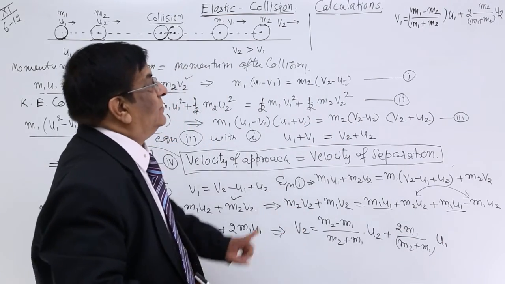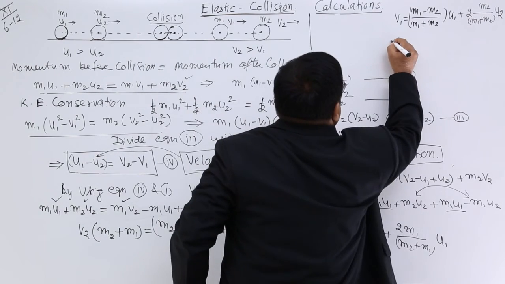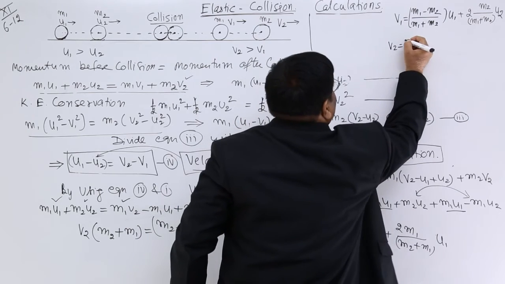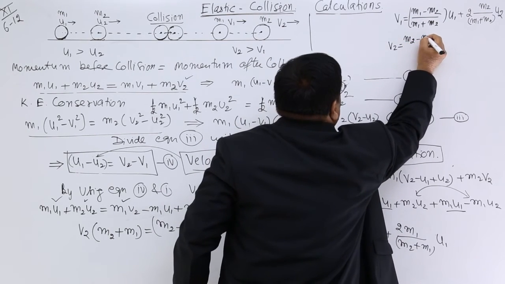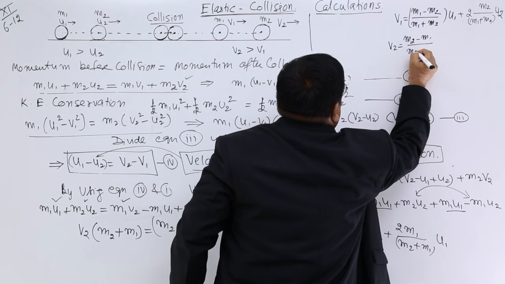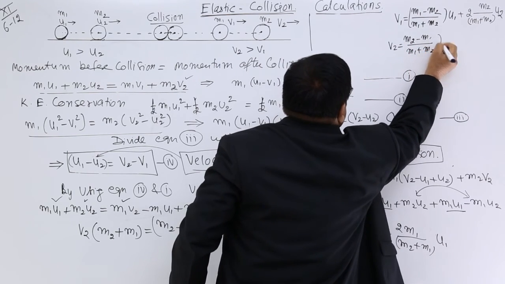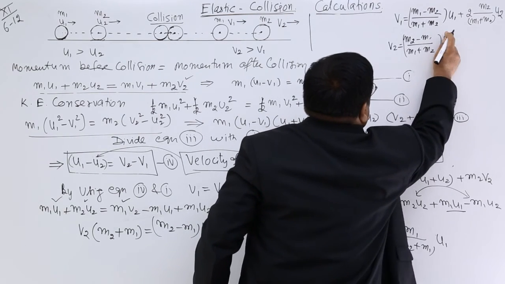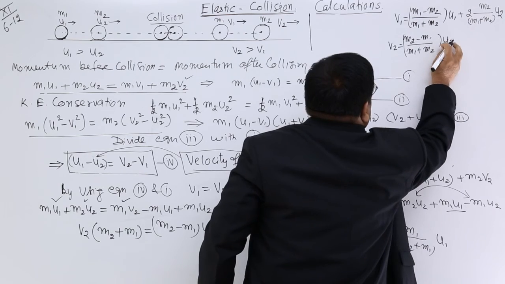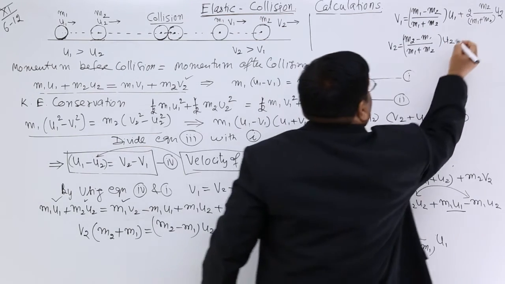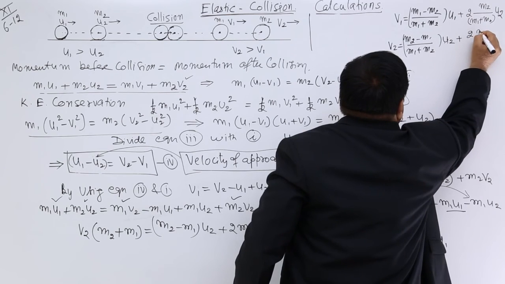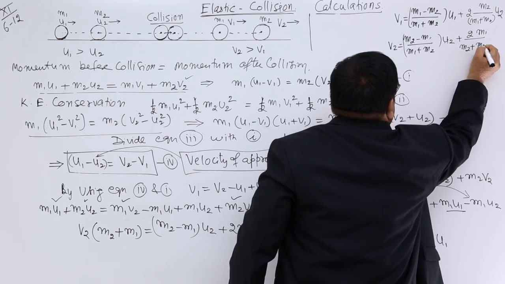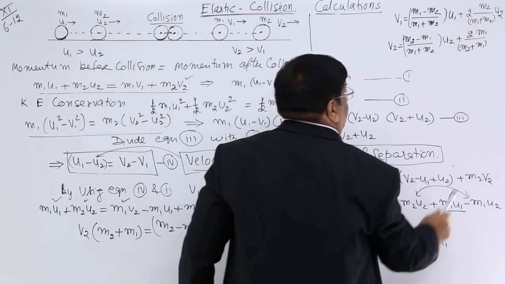This is v2, so I write it here. v2 is equal to m2 minus m1 upon m2 plus m1, this whole thing multiplied with u2, plus 2 m1 divided by m2 plus m1, and this whole thing multiplied with u1.